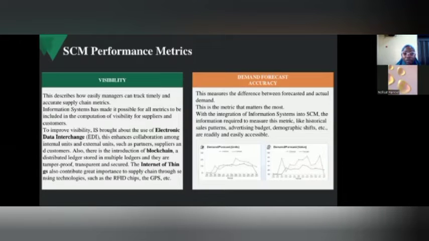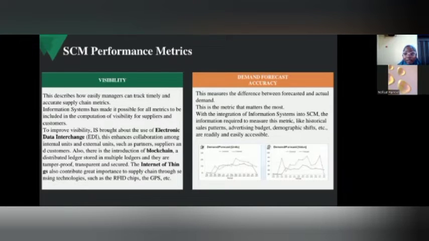And then we have the introduction of electronic data interchange, which enhances collaboration among internal units and external units, as well as other external parties to a company. There's also the introduction of blockchain technology, a distributed ledger system that stores multiple ledgers, and they are tamper-proof, transparent, secured, and encrypted. And virtually anybody can access it from anywhere in the world.